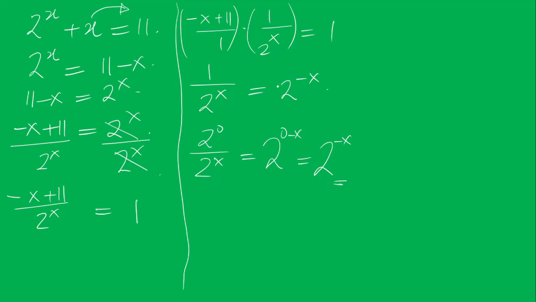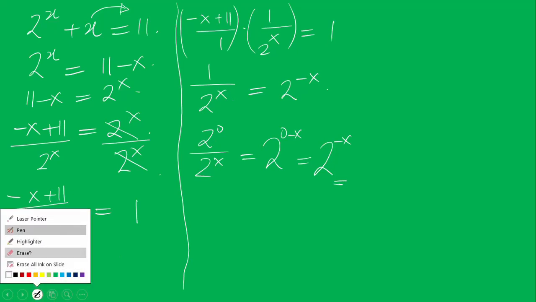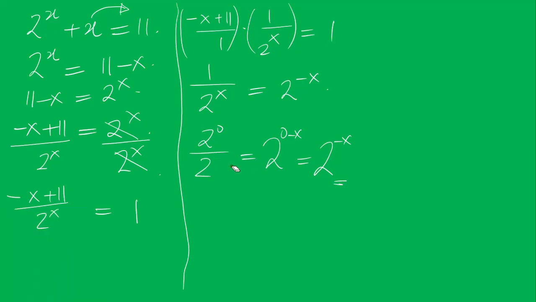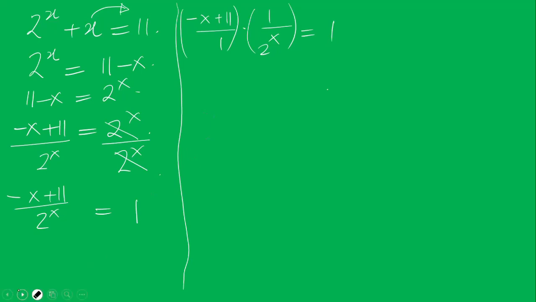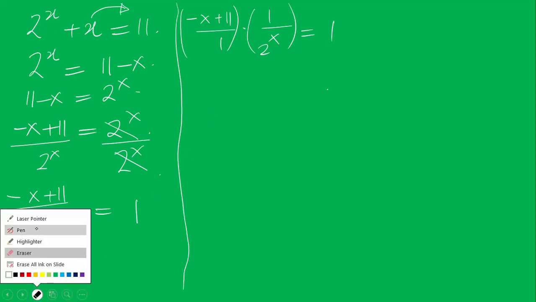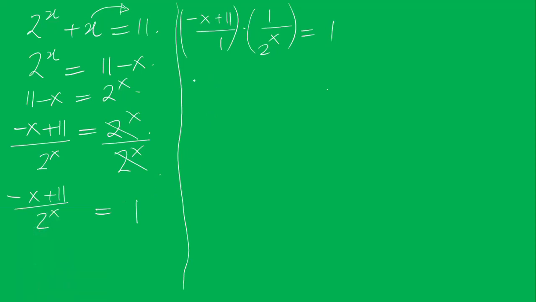So this expression is now minus x plus 11 times 2 to the power minus x equal to 1.